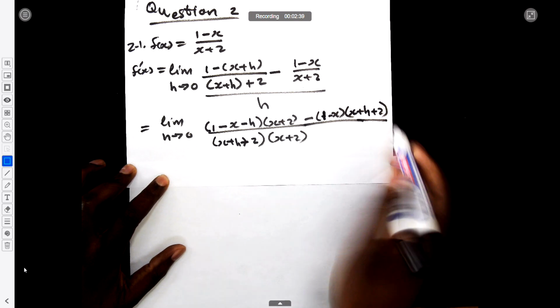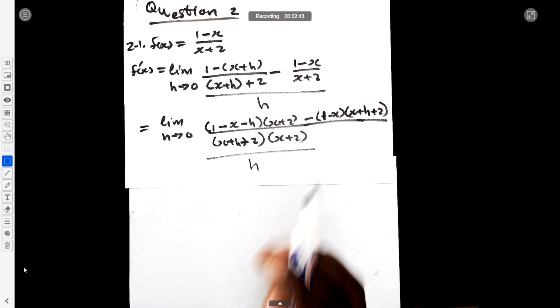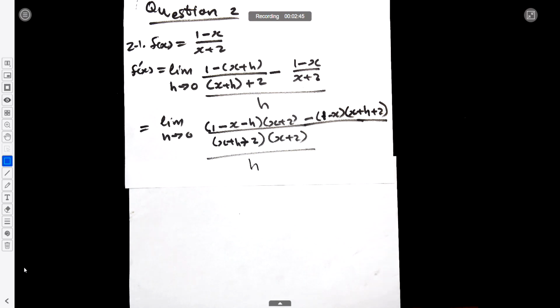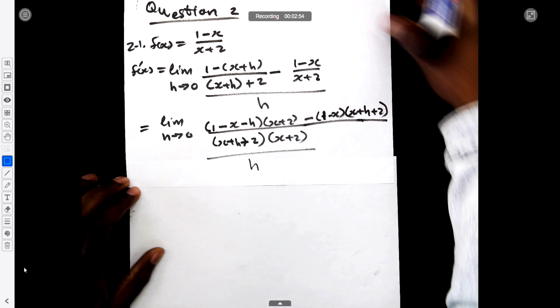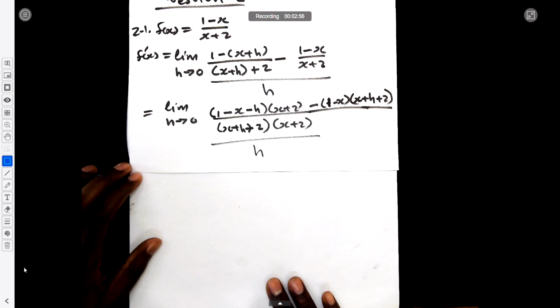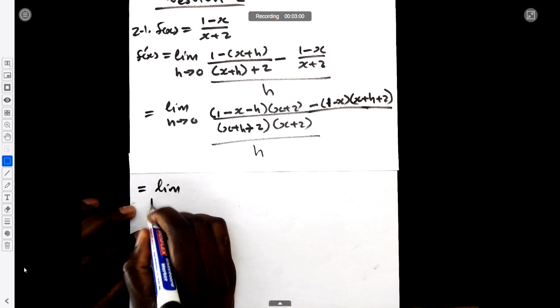Because of space there, let me just do the double division here. But normally I said write the division on the side so that you can change the division sign to a multiplication sign and have the h in the denominator. Therefore, the solution is going to be equal to the limit as h approaches 0.